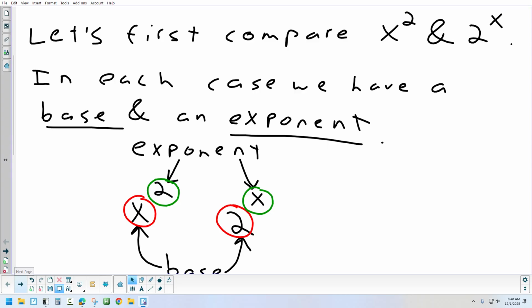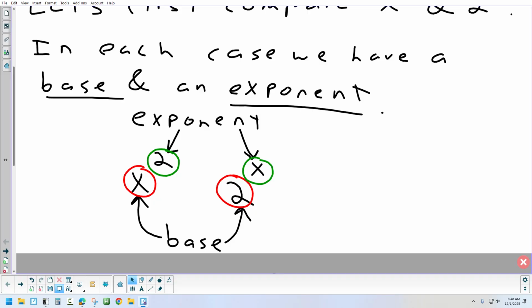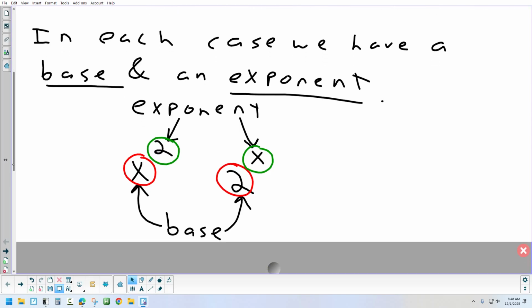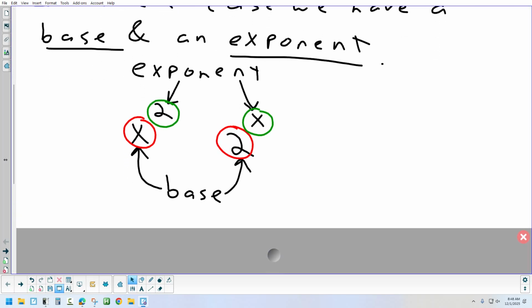Those are polynomials. But when you switch it and put a letter as the exponent, that makes it exponential. So there has to be a letter in the exponent. There also has to be something else I'll talk about in a minute. Any question on the difference between the 2?